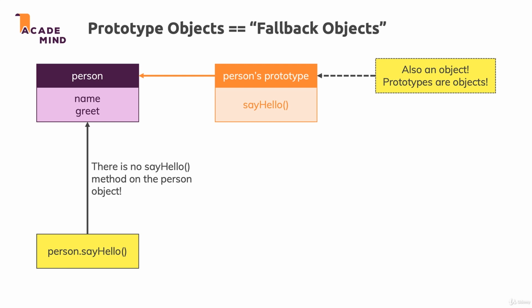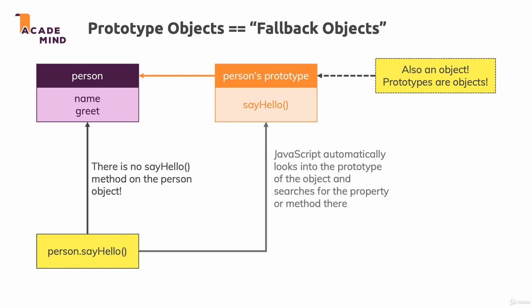And if JavaScript tries to access a certain method or property and doesn't find it on an object, it automatically looks at the prototype object and looks for the property there. And if it doesn't find it there, it looks at the prototype of the prototype all the way until it reaches the end of that chain and didn't find that property or method anywhere. And in that case, for a property, it would return undefined. For a method, it would throw an error. So prototypes are in the end just connected objects which serve as fallback objects.